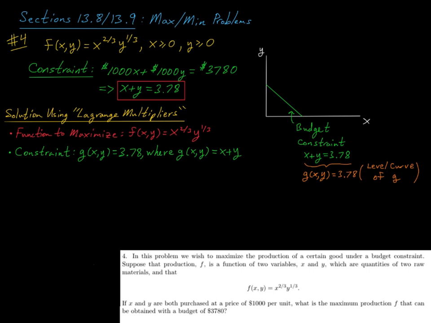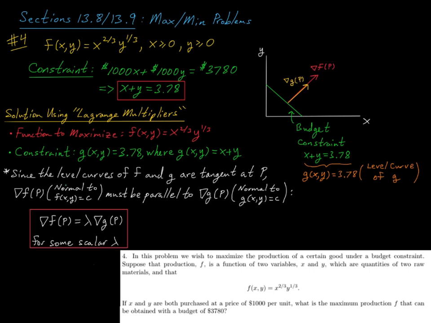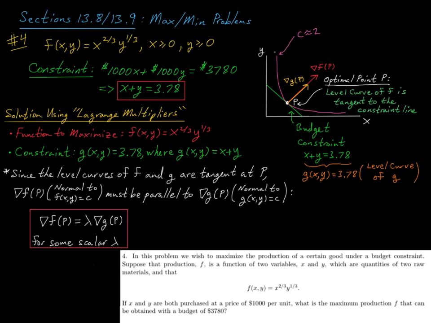Okay, so now what did we just say? We said that at this point where the level curve here is tangent to our budget line, that point P is our optimal point. The coordinates of that point are going to give rise to a maximum production level.